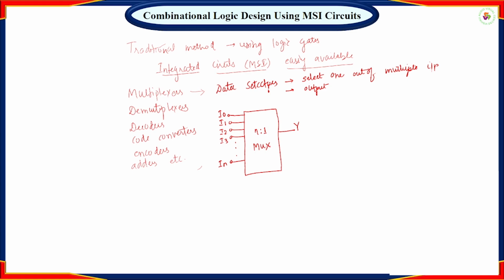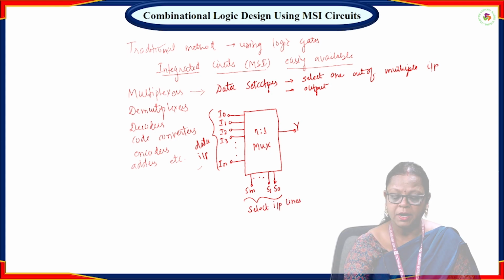That output is named Y. Among these many inputs, a single data is chosen, depending upon the inputs called select input lines. Let us name them S0, S1 and so on up to SM. So this is the data input and this is your select input lines.